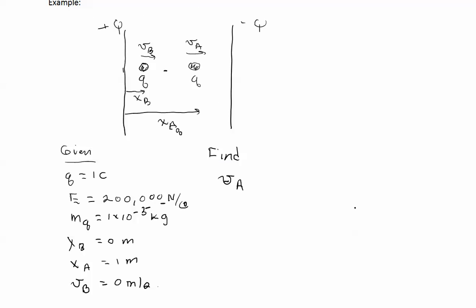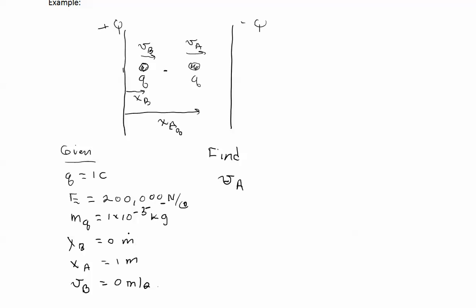And here, our final example, I'm going to have two parallel plate capacitors. I'm going to release a positive charge Q at position x of b, and I want to know what is its velocity when it reaches x of a. In other words, what is the final velocity given some initial velocity. So let's say we're given the charge to be 1 coulomb, the strength of the electric field to be 200,000 newtons per coulomb, and the mass of the charge is 1 times 10 to the minus 3 kilograms.